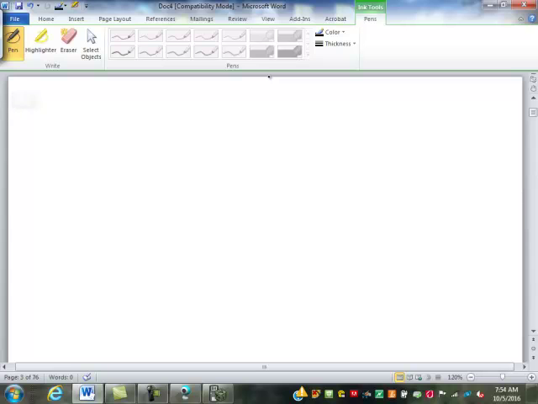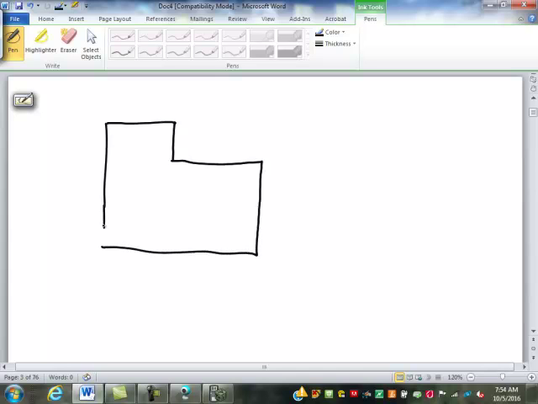Okay, so what we're going to be looking at now is how do we do some more complex calculations on these areas. For example, we might have a shape like this. Assume that all those corners are square corners or right angles.